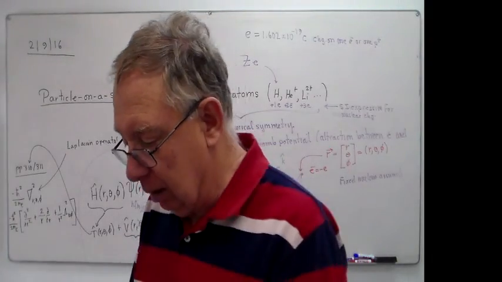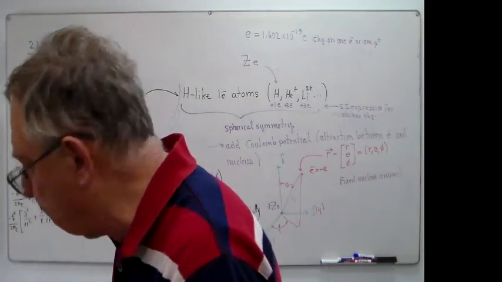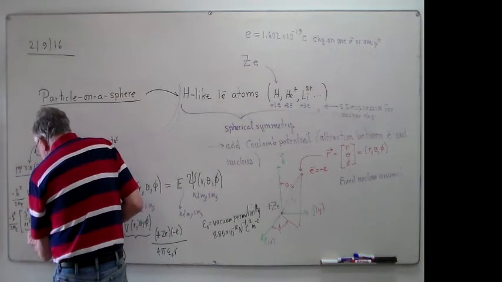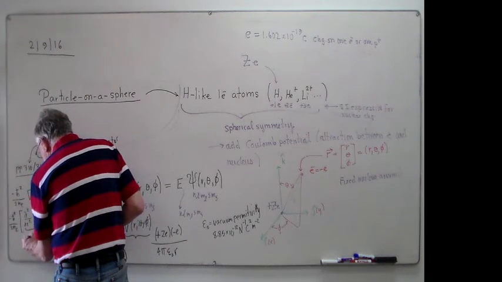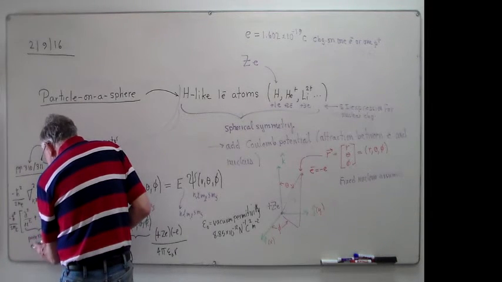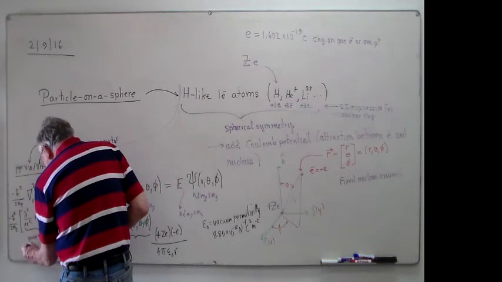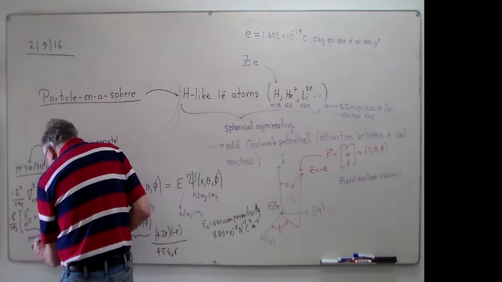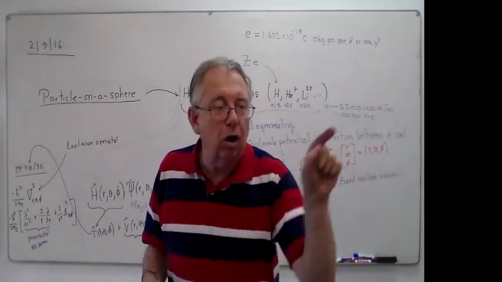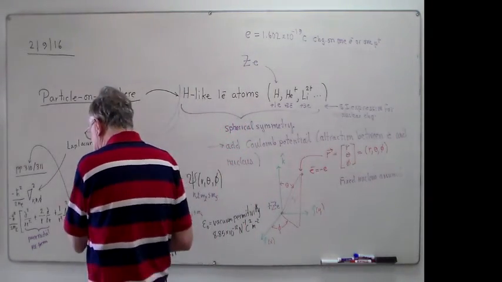Now, here's what I want to point out. These are pure radial kinetic energy terms. And we're going to look at oscillations in the matter wave that go out radially through these derivatives.